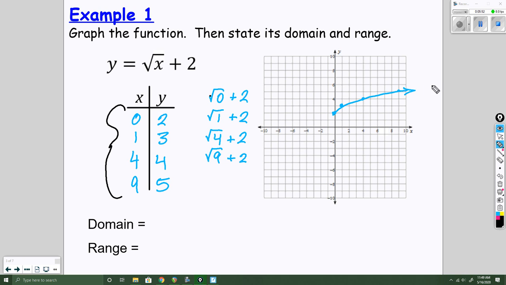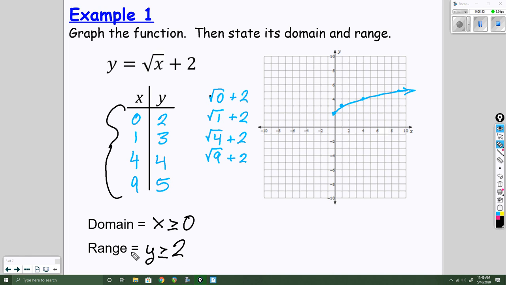So based on our function, our domain is x is greater than or equal to 0. We can see it started at 0 and increases. And then correspondingly, the range, or the output values, start at 2 and increase, which makes the range y is greater than or equal to 2.